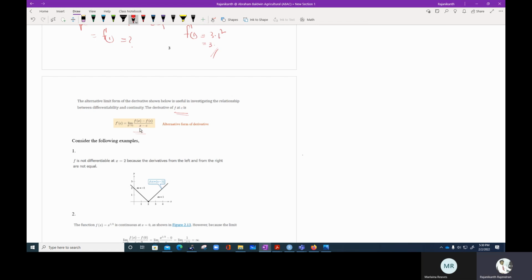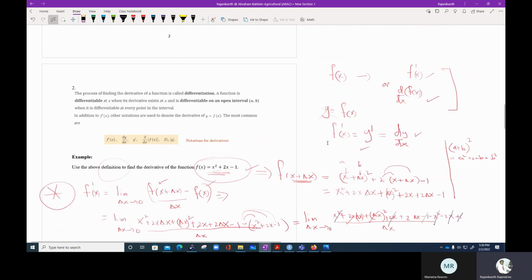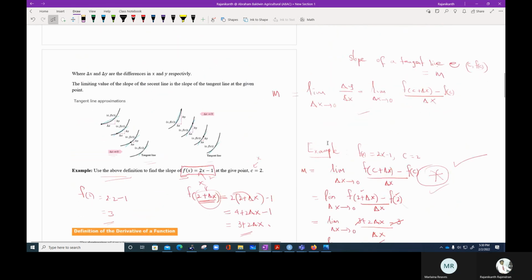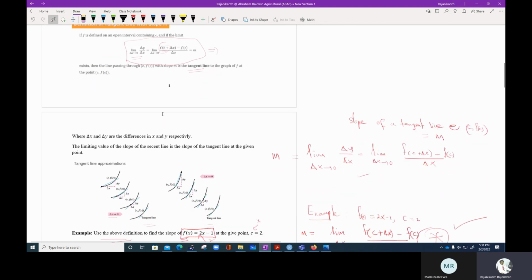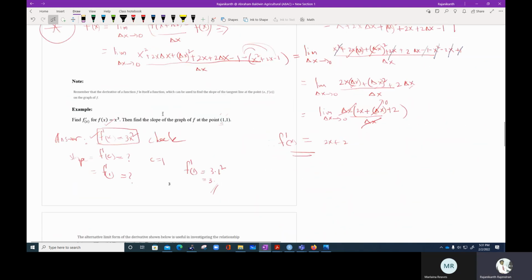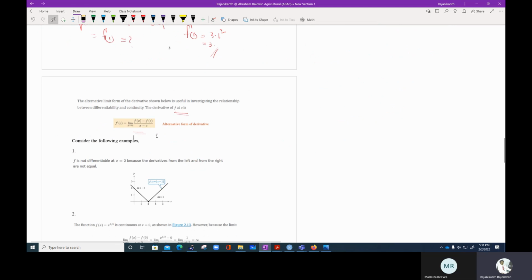Now you have two formulas, right? One is the very first formula we saw here. This is also the derivative formula for the given point. This is another version, a kind of short version. So you could use either one to find f prime c.